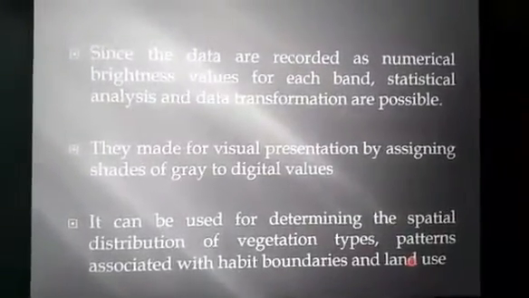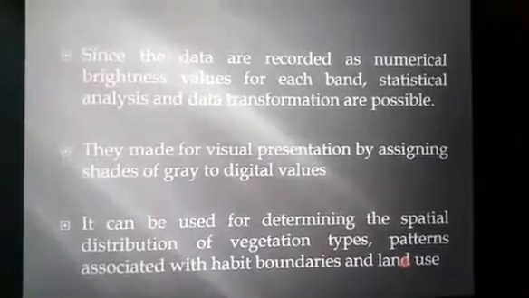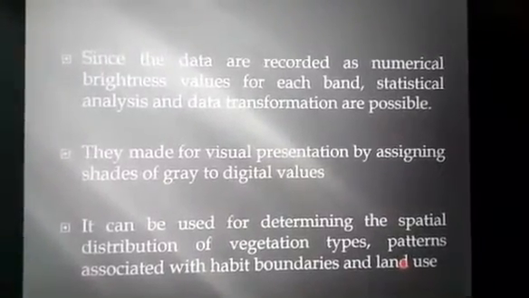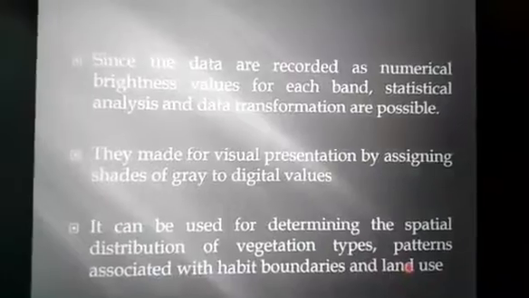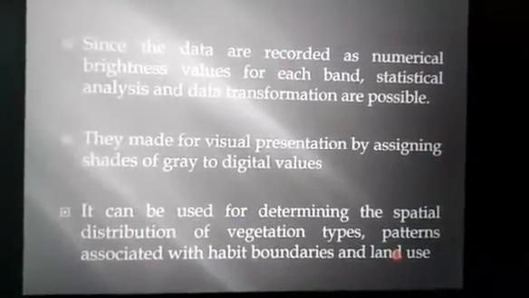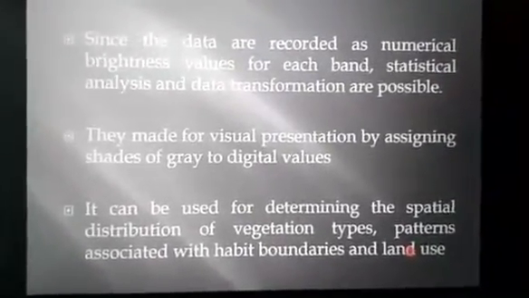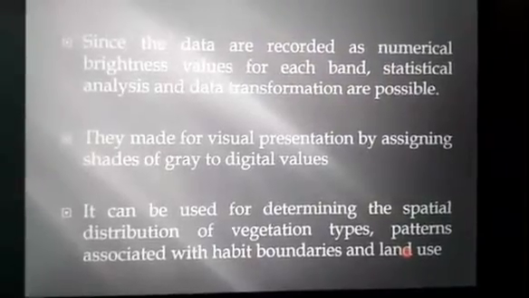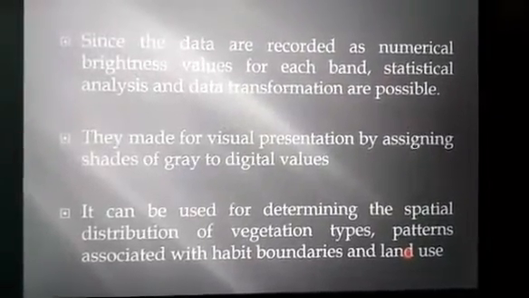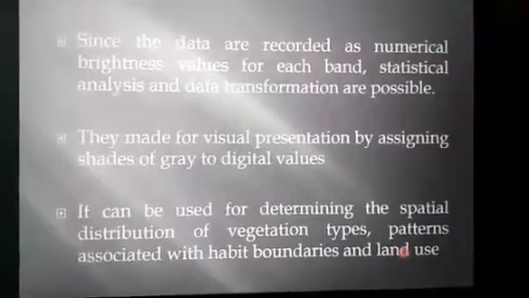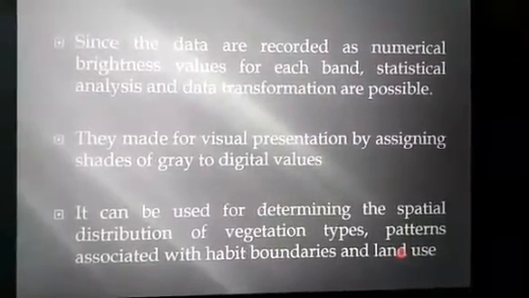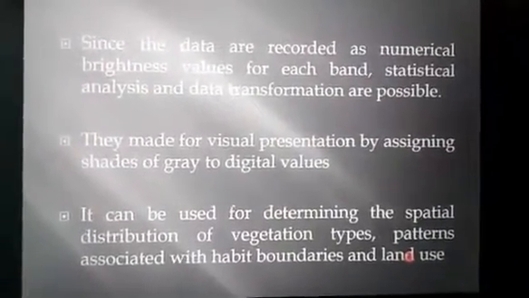They are made for visual presentations by assigning shades of gray to digital values. It can be used to determine the spatial distribution of vegetation types, patterns associated with habitat boundaries, and also land uses.